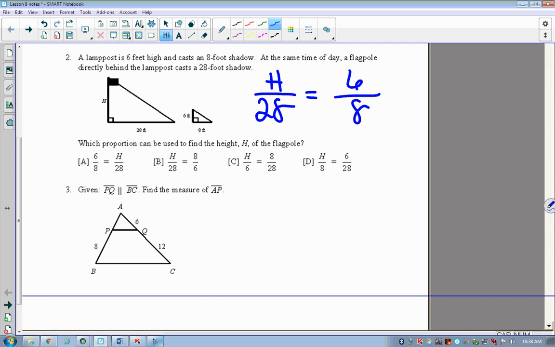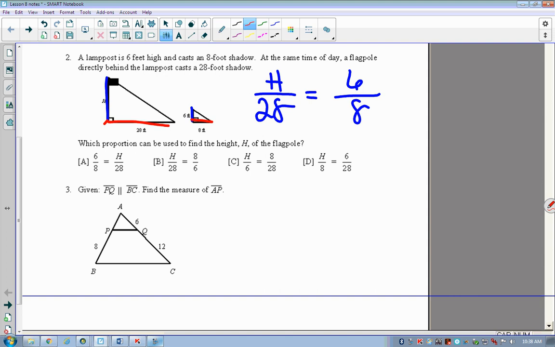Okay, because you're doing this over this, then I need to do this over this. Okay, does that make sense? Corresponding sides it's got to match. Now you could have done h over 6 equals 28 over 8. It all would have boiled out the same way.